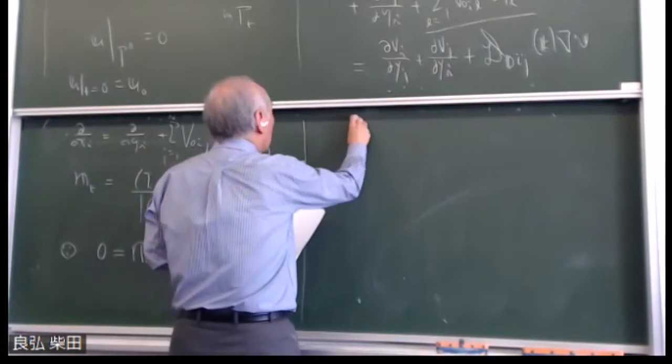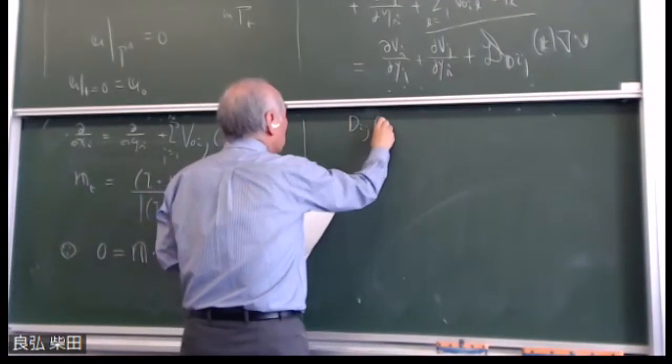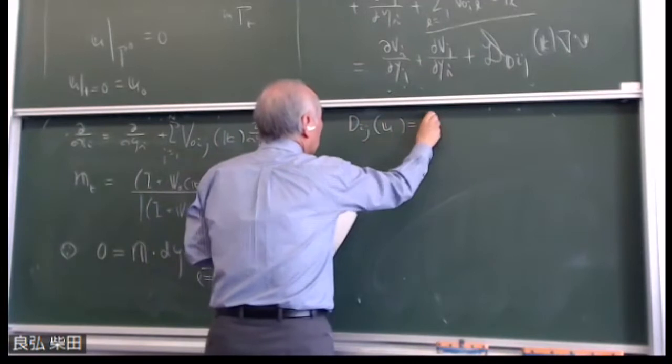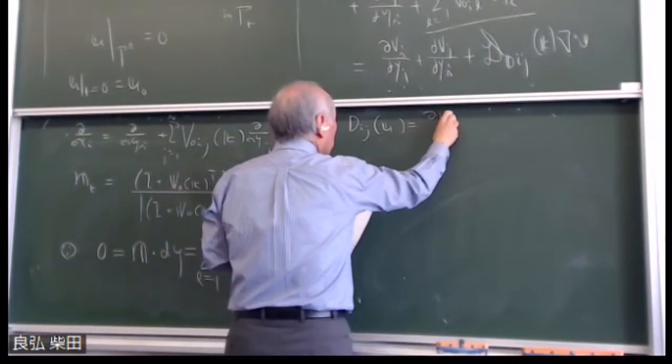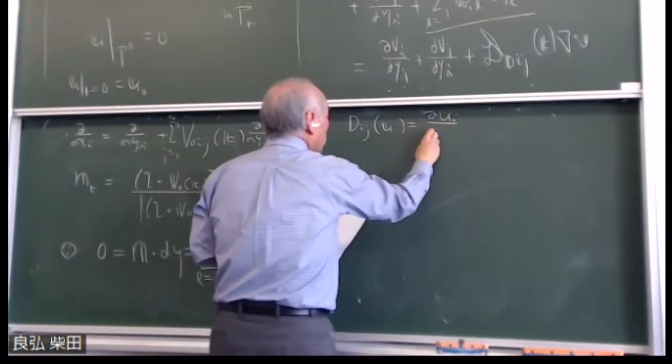I want to write the ij component of the deformation tensor, D_ij.